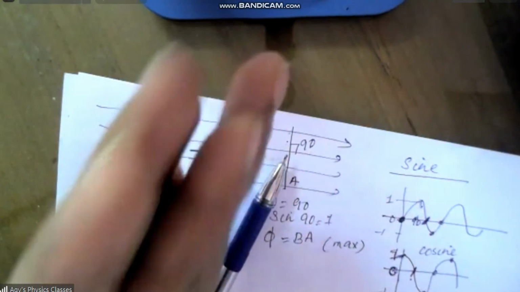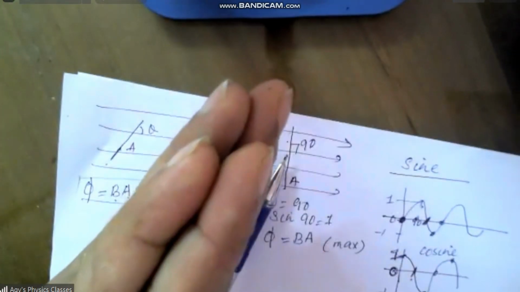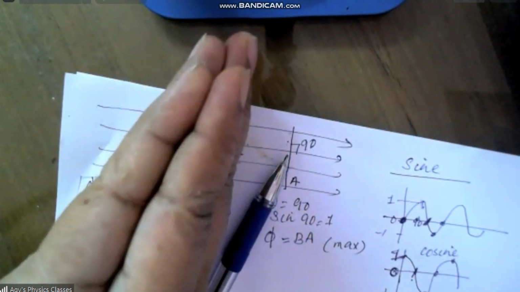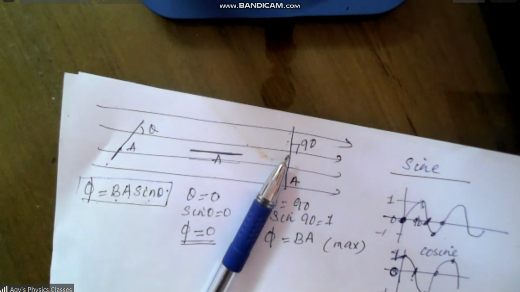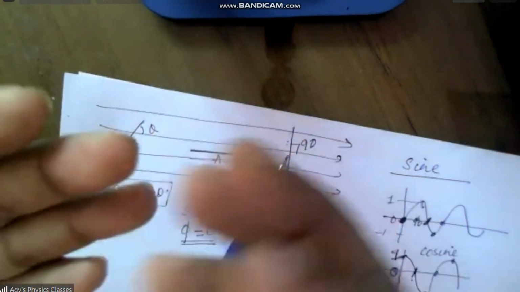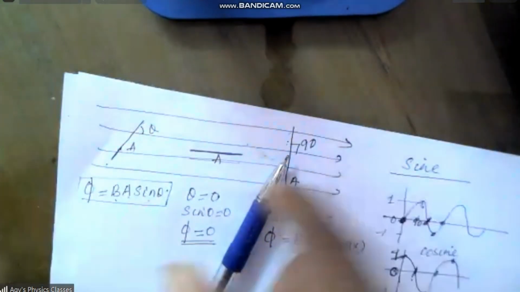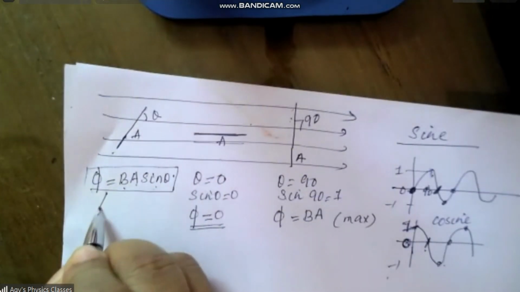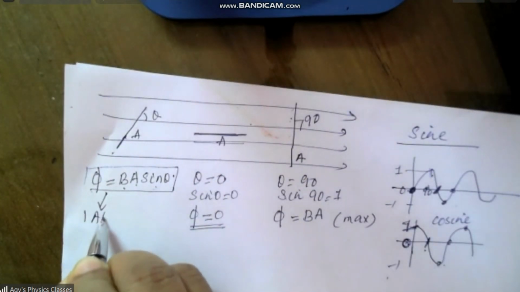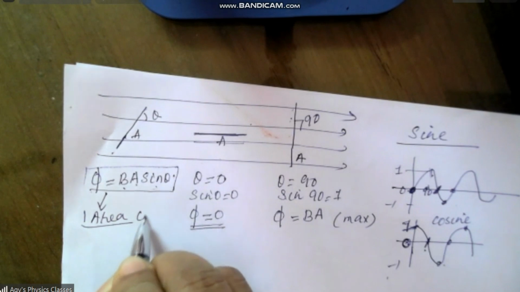Assume that I've got 10 such areas, 10 papers placed in the magnetic field. If there are n number of areas, this is for one area, maybe one coil.